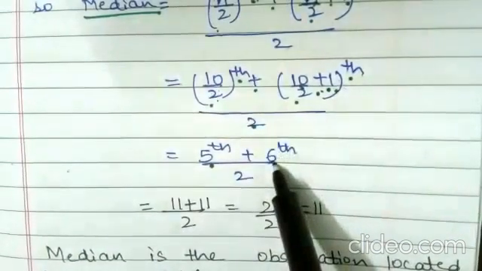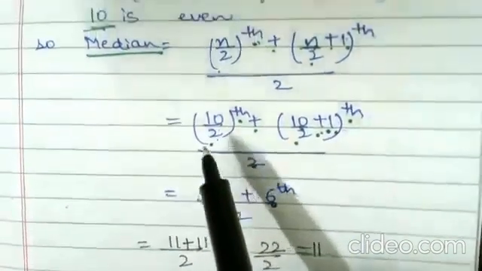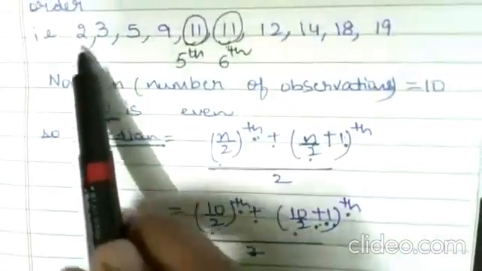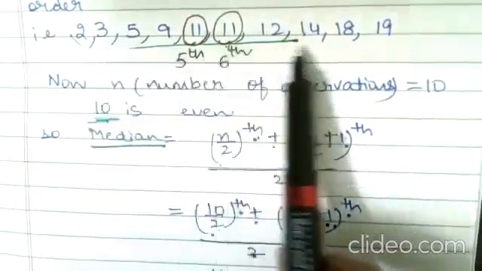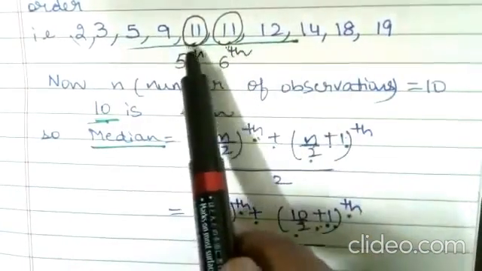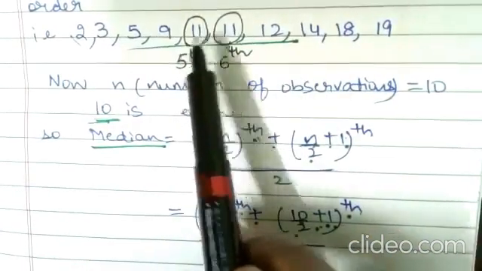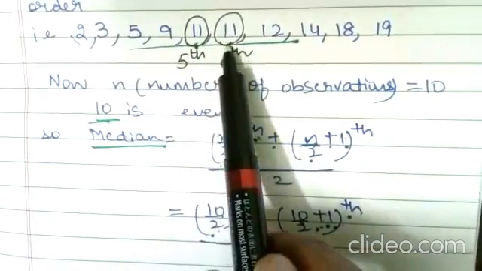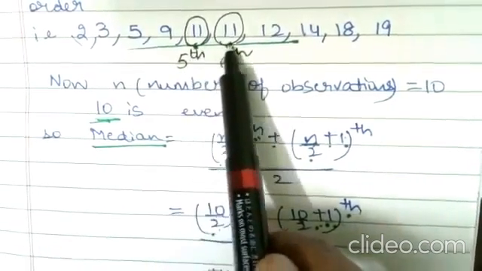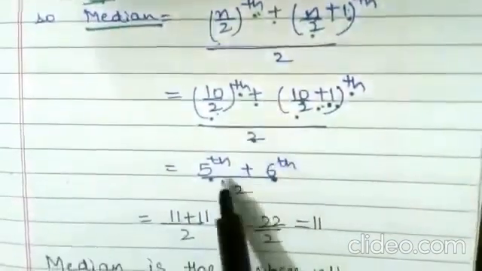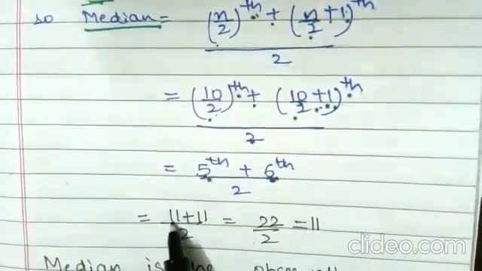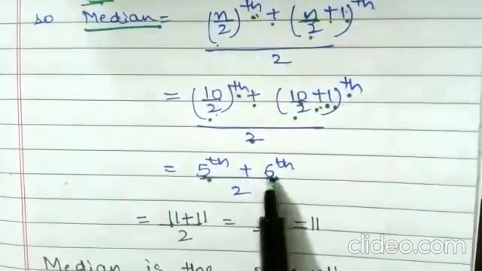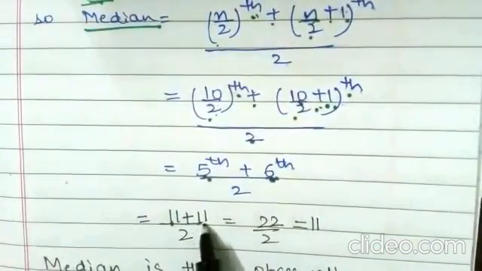Now the data we have arranged in ascending order, from that data we will see the 5th term and 6th term and then put these values here. The 5th observation is 11 and the 6th observation is also 11.